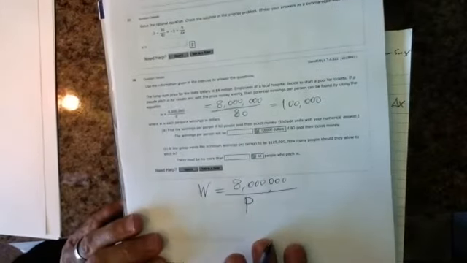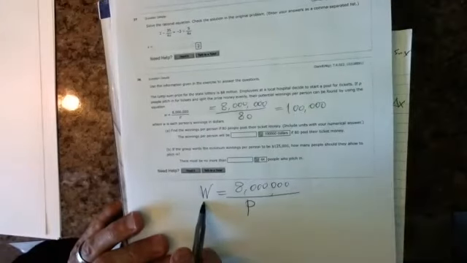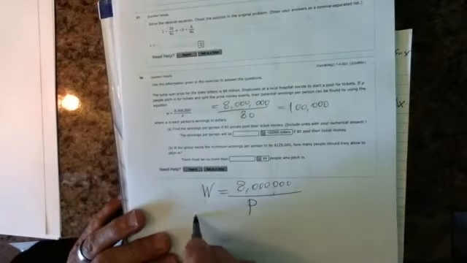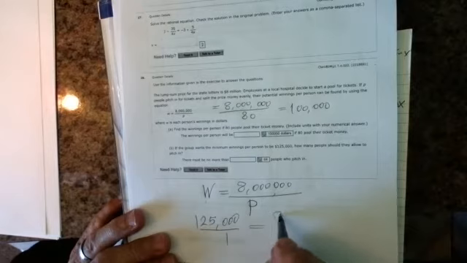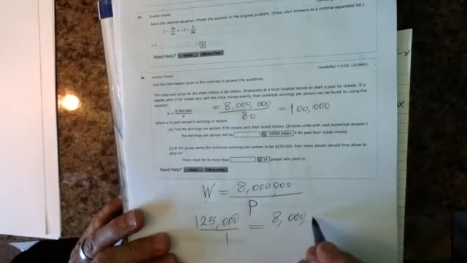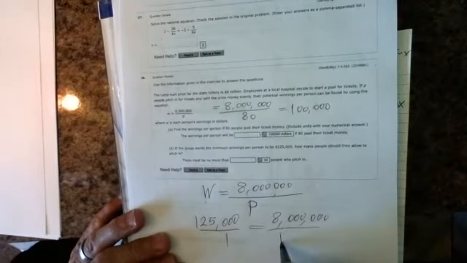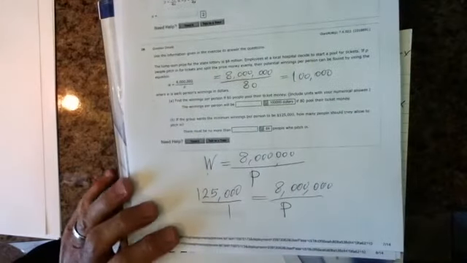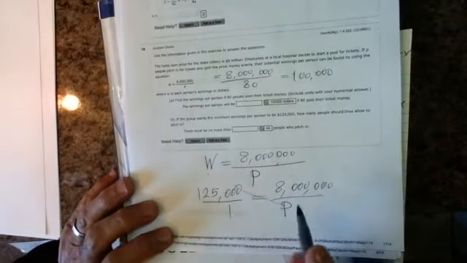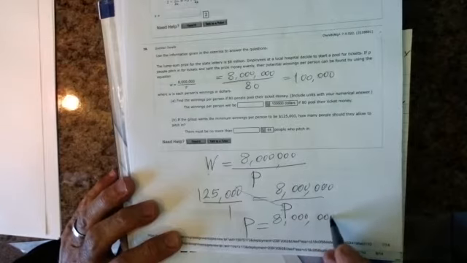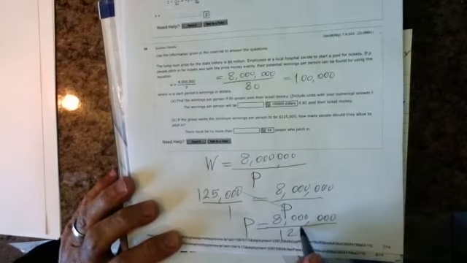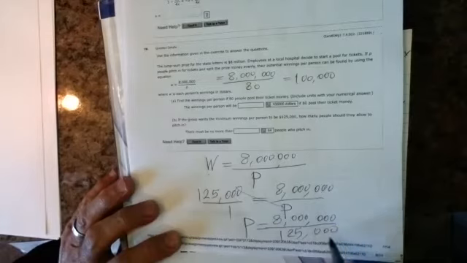W is given, the second part is 125,000 over 1 is 8 million over P. So if you swap these two, then you get P is equal to 8 million over 125,000.